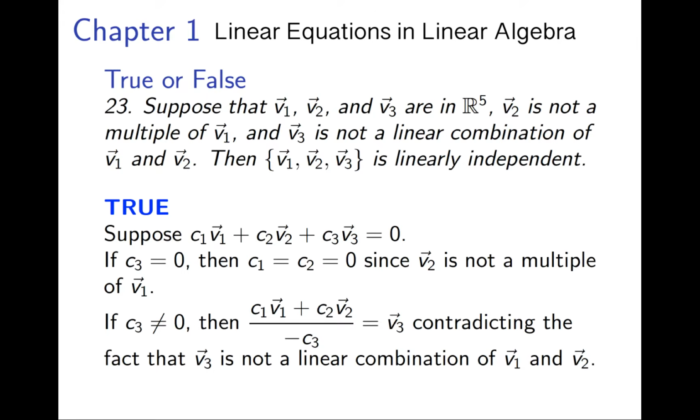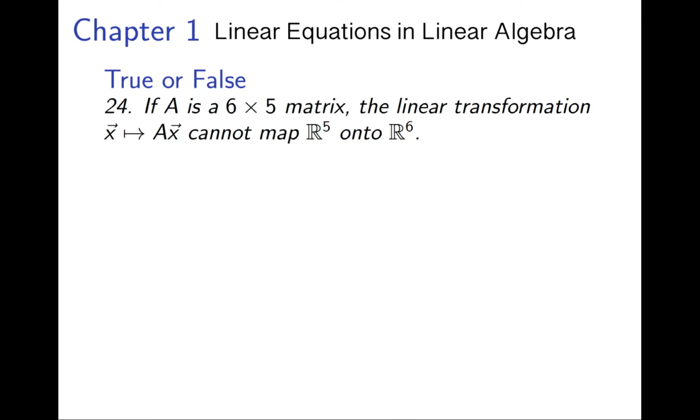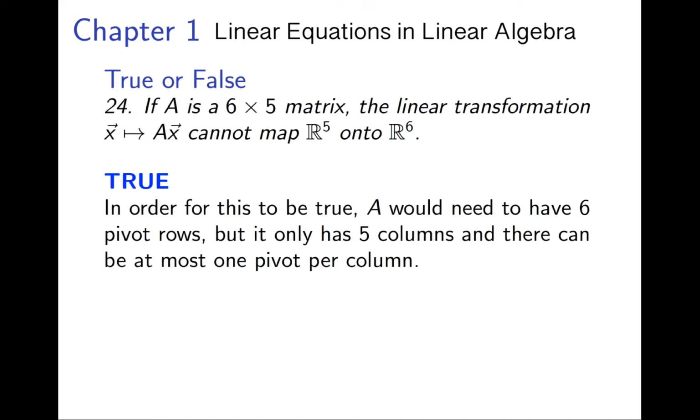Good question. Number 24. If A is a 6 by 5 matrix, the linear transformation that maps x to Ax cannot map R5 onto R6. And that is true.